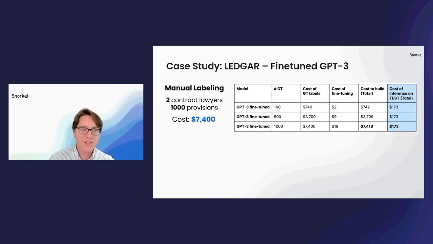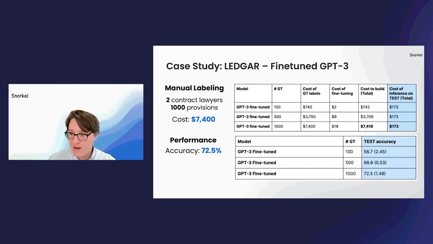And the way we set this up is we looked at the cost to actually manually label a large data set for this task. That would involve hiring 2 contract lawyers to label 1,000 provisions for a total cost, after double annotating everything, of about $7,400 in labeling costs.